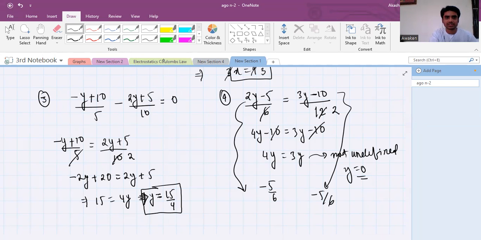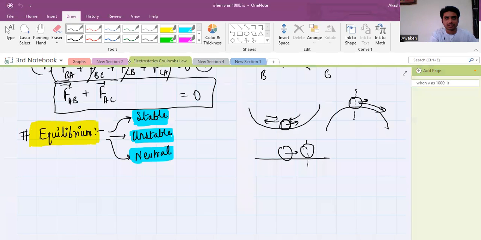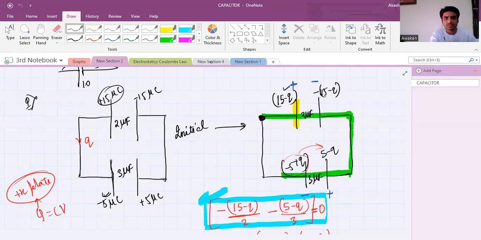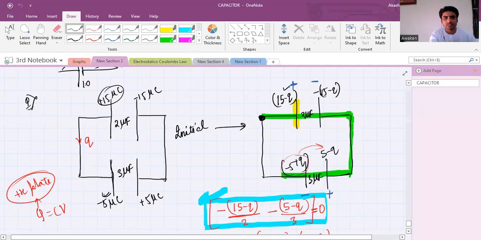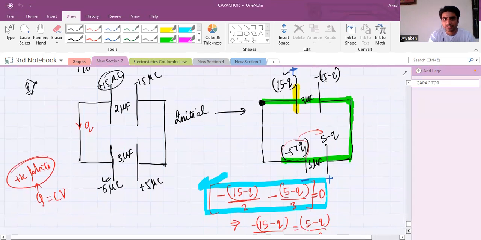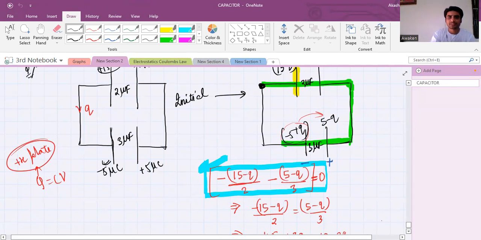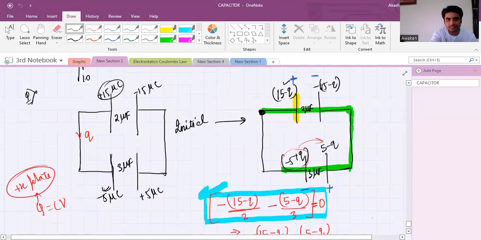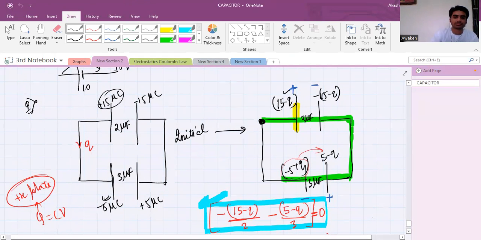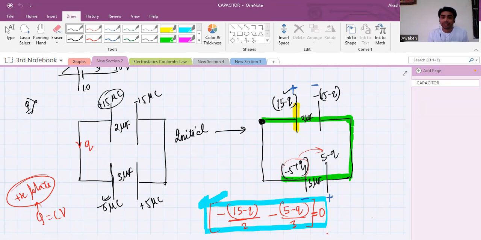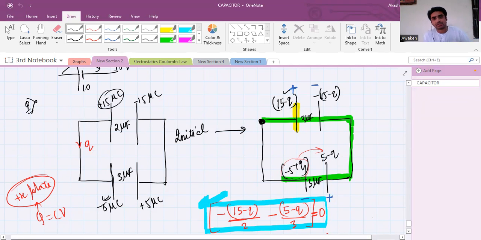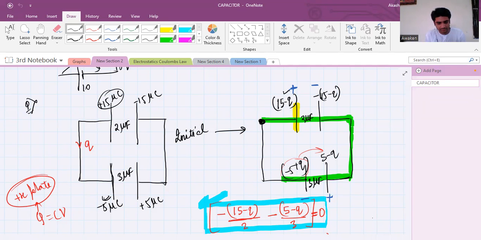Okay, let us come back to this. Now solve this one again, this part. If you put your own answers there, the value of q that you have found will not match. You can check your own answers also. Solve it quickly. You have 1 minute.